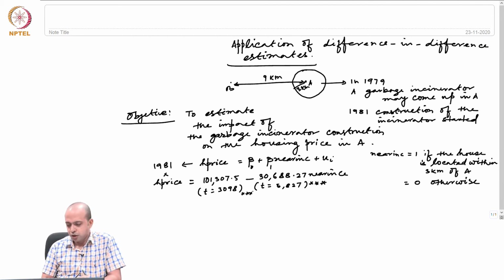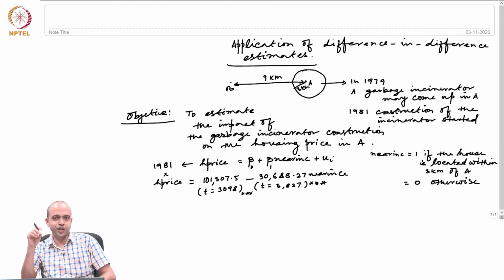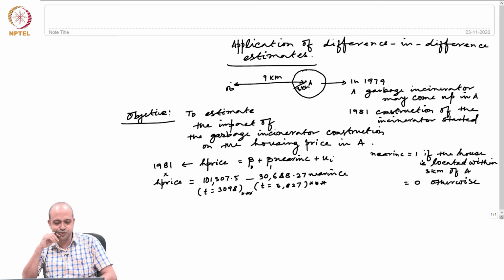Okay. Now, from these estimates, what can you infer from these dummy variable estimates? As you know, the coefficient of near INC, that means beta 1, since the dummy variable is added in the additive format in the model, indicates the differential intercept.